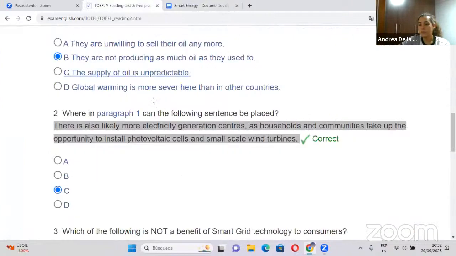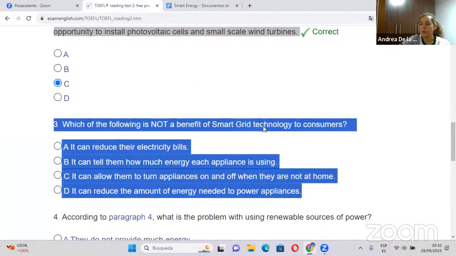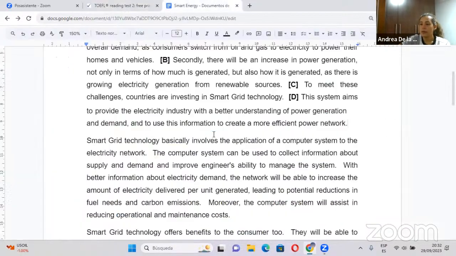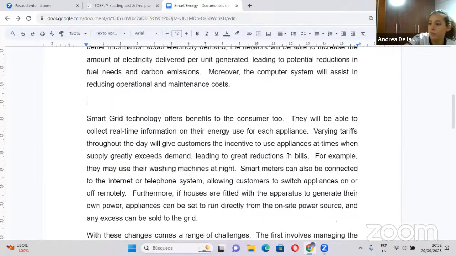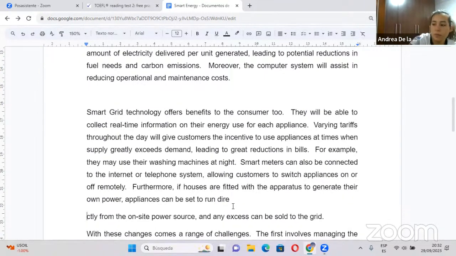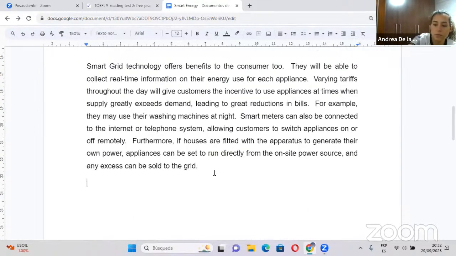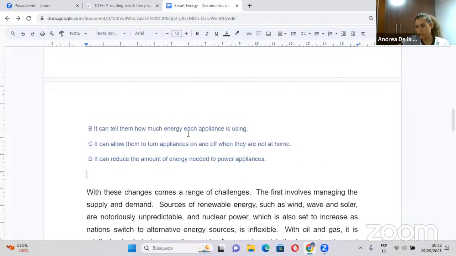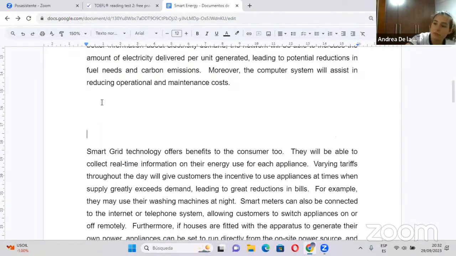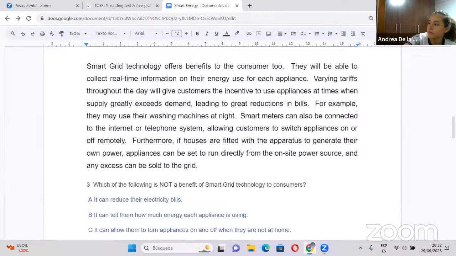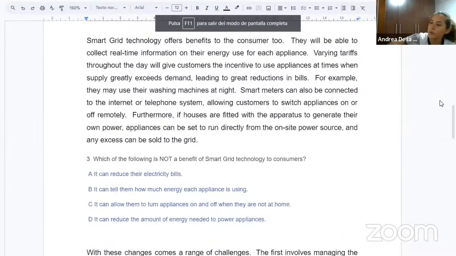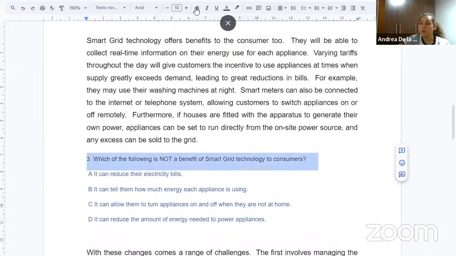Another question. This is an except question type. Let's see. So it says, smart grid technology offers benefits to the consumer too, right?